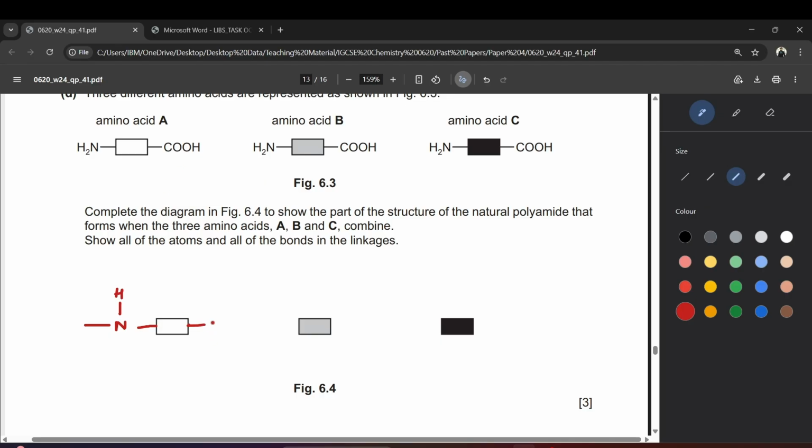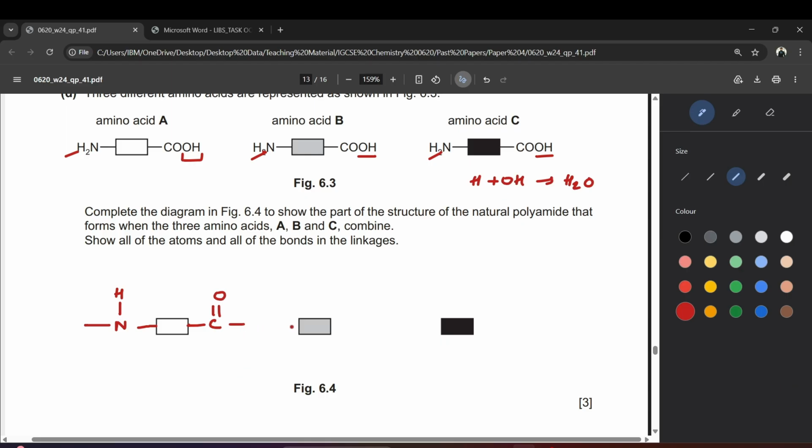From here you have carbon to oxygen double bond. This OH will drop. So from every one of these amino acids, one hydrogen drops and the OH group drops. What I mean by dropped is that the hydrogen from here and OH from here combine to form a water molecule.